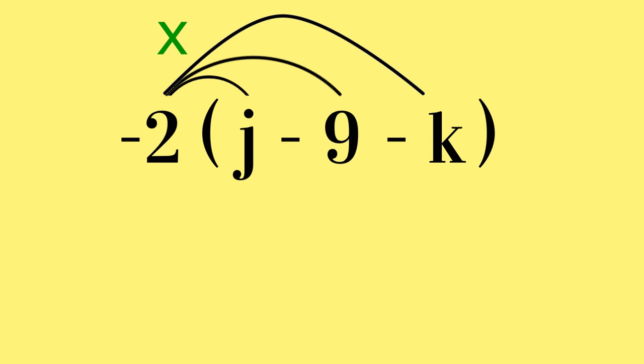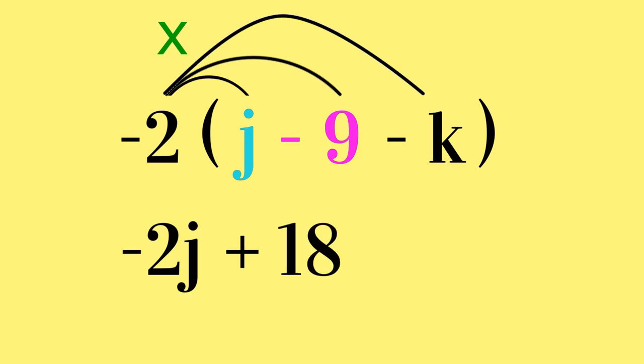So negative 2 multiplied by j is negative 2j. Then we have negative 2 multiplied by negative 9. Remember that when you multiply 2 negative numbers together, you get a positive answer. So in this case, you get positive 18.